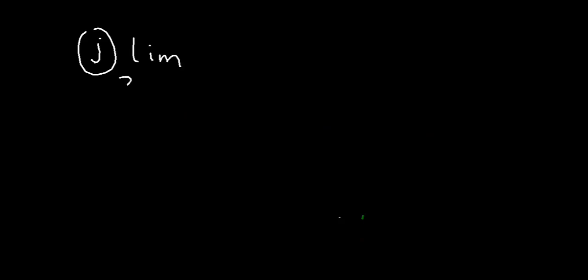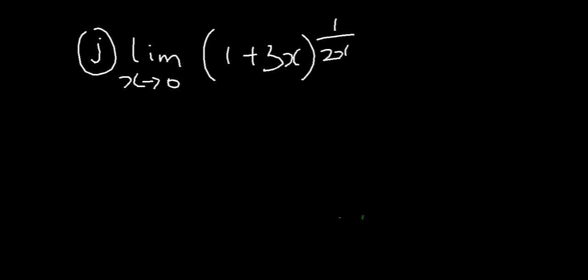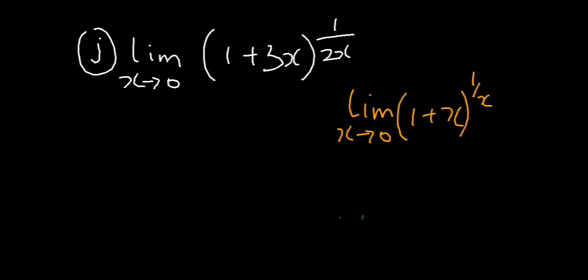Now let's move on to the next example. The limit when x tends to 0 of (1 plus 3x) all raised to power 1 over 2x. Now remember that the limit when x tends to 0 of (1 plus x) raised to power 1 over x is equal to e. Therefore, let's make our question look the same.